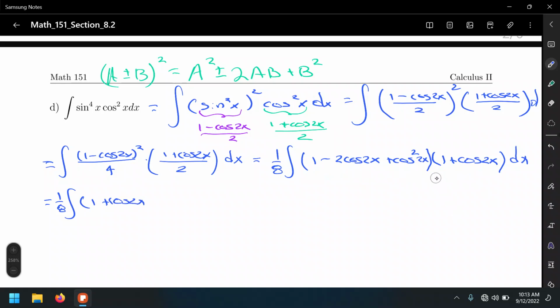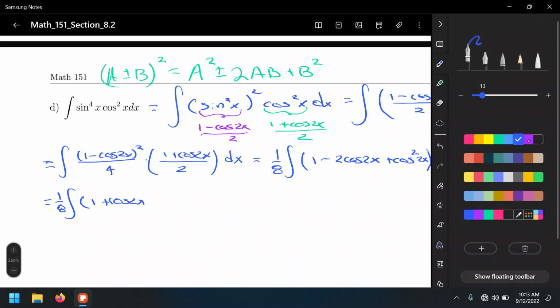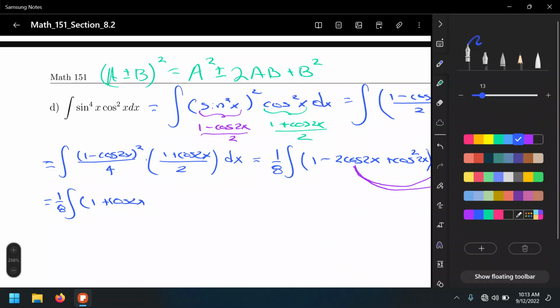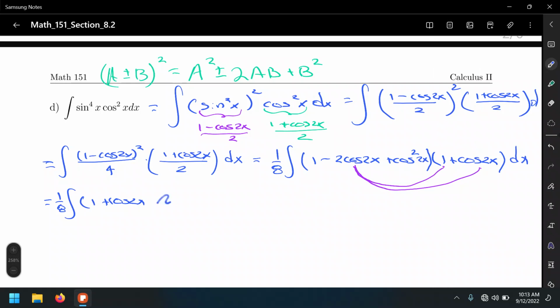And then let me do the second distribution. That's negative 2 cosine 2x times 1, and negative 2 cosine 2x times cosine 2x. So that's negative 2 cosine 2x minus 2 cosine squared 2x.